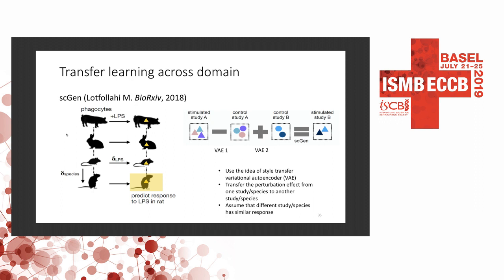So what they want to know is, I do all this similar stimulation on other species, can I predict what happens in human? For example, I have the healthy person, and I want to predict what their cells will look like when I perform a stimulation experiment on human, though I cannot. So I don't have this data, but I want to predict what the data will look like given the control data and also this stimulation data from other species.